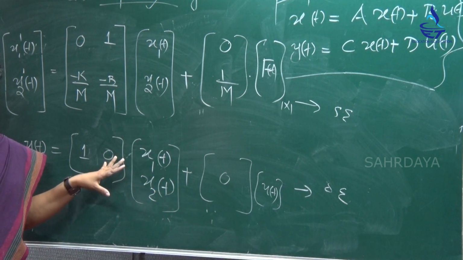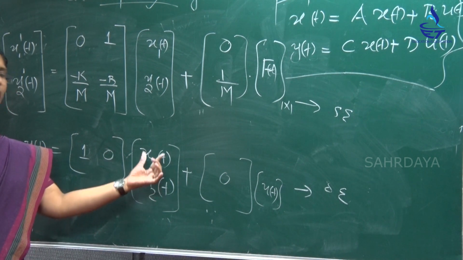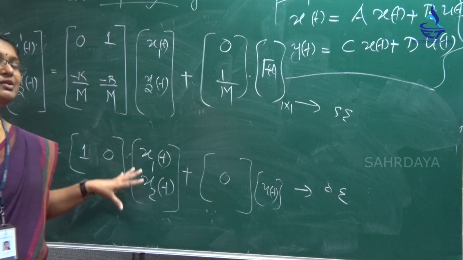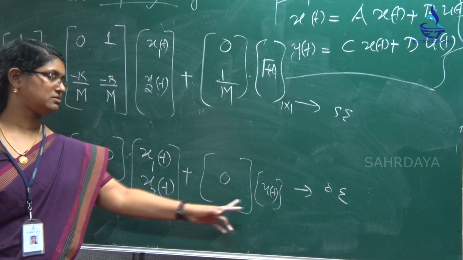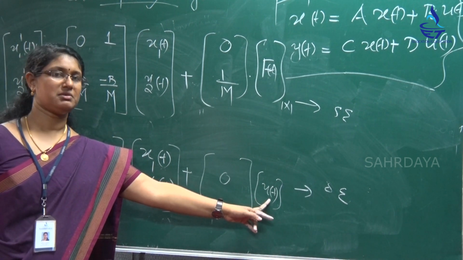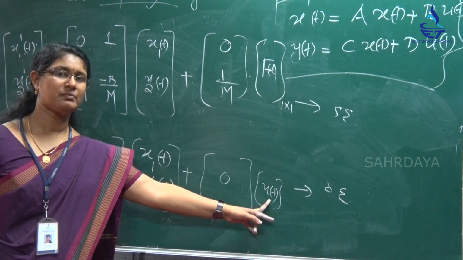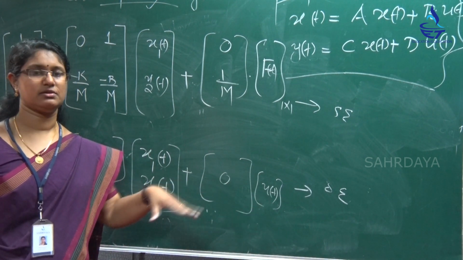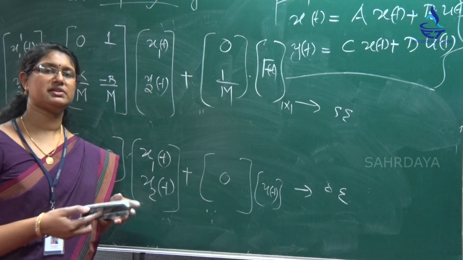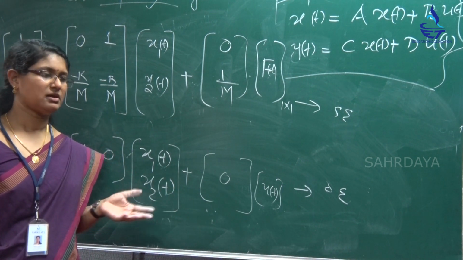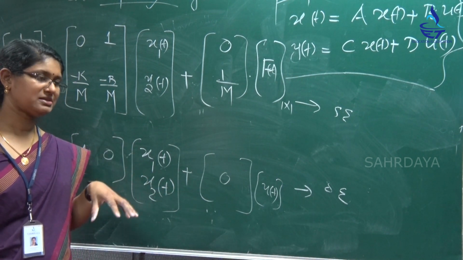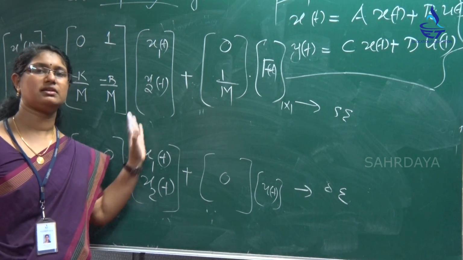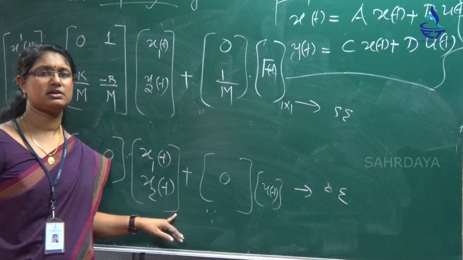But in state variable representation you are able to identify a set of state variables whose initial values, along with the information about the input for time t greater than t0, will be able to predict the behavior of the system in future. So it's a more generalized representation. It's more advantageous whether the internal state variables change in time or whether the system is linear. All those things are getting accounted in a state space representation.